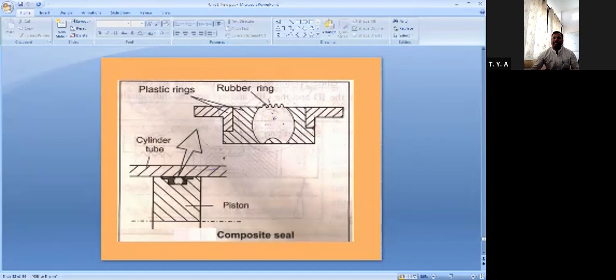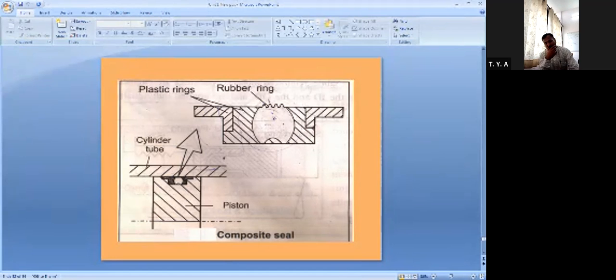In the composite seal, there is a rubber ring and plastic rings, all connected to each other. That is combined, so its name is composite seal. It is a combination of various types of seals, designed for special applications only, like the minimum friction seal set used for cylinders, which I have shown in the diagram.